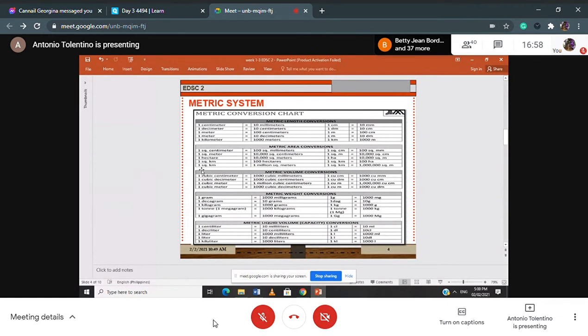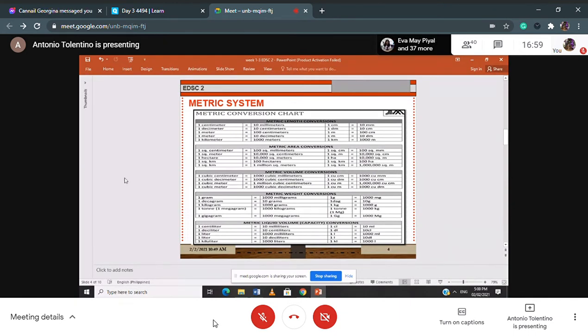Where are the inches, where are the feet, that is in mathematics. In science, what makes science different is that we stick to one metric system only. Whereas in math there is the metric system or the English system. Usually science sticks with the metric system or sometimes the SI.